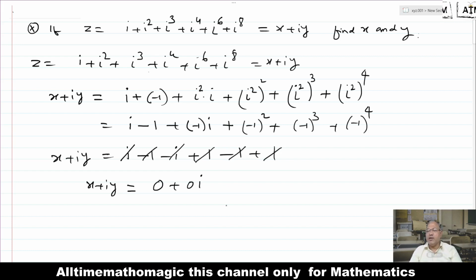Nothing is left at RHS, so writing 0 plus 0i implies x equals to 0 and y equals to 0. Comparing real part, real part left side is x, so x equals to 0. Comparing imaginary part, therefore y equals to 0. Therefore final answer is x equals to 0, y equals to 0. This is a solution set.